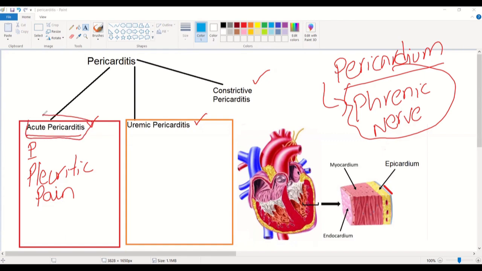So what is the most common cause of acute pericarditis? This is again a high yield point. Could it be viral infection? No, it is idiopathic.